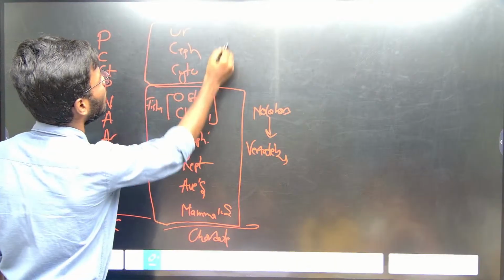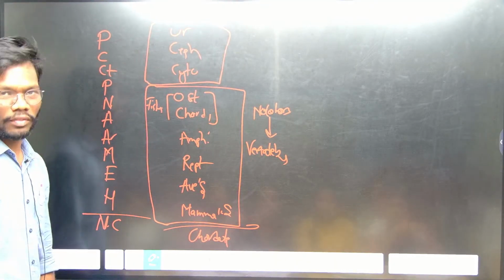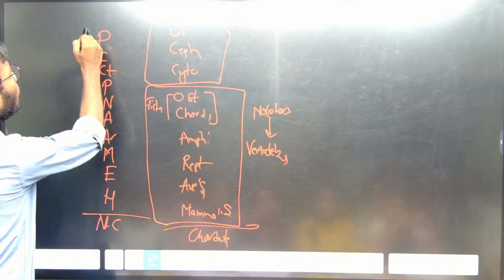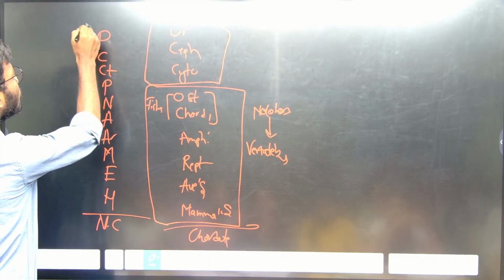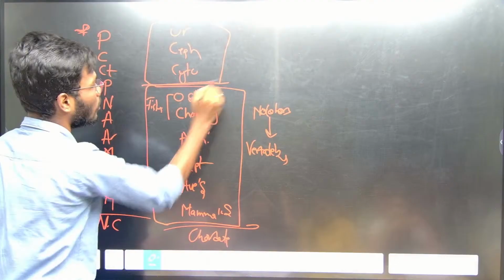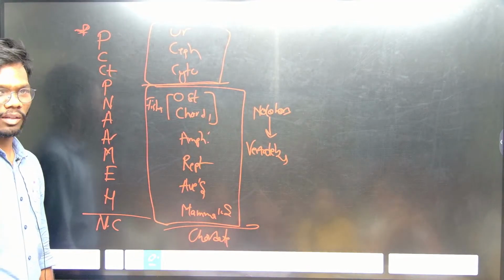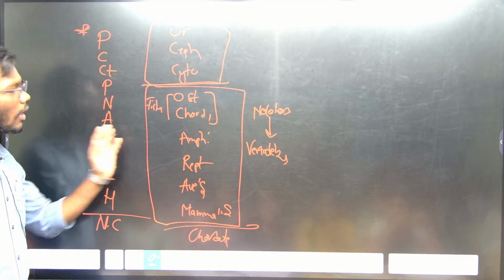Urochordata, Cephalochordata and Cyclostomata are non-vertebrates. From Porifera to Cephalochordata and Cyclostomata, all are non-vertebrates.